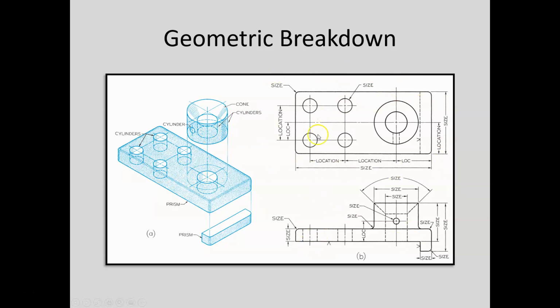So here's the 2-view drawing of this object. And you can see, just ignore the location dimensions right now. You can see the size dimensions for the primitives. For the rectangular part right here, we have how many dimensions? Well, we need 3 because it's a 3-dimensional shape.